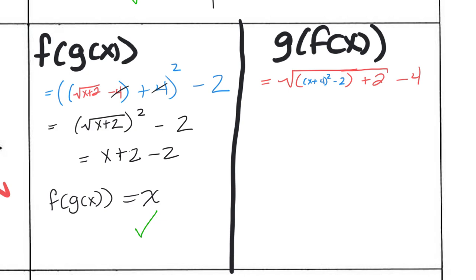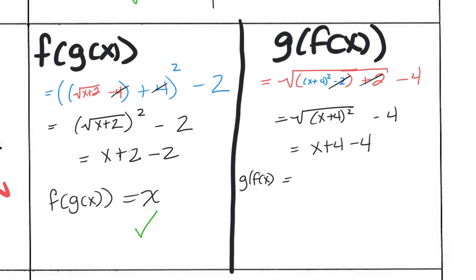These 2's cancel out, so I'm left with the square root of x plus 4 squared minus 4. Remember, squares and square roots cancel each other out, so I'm really left with x plus 4 minus 4, which comes out to x.